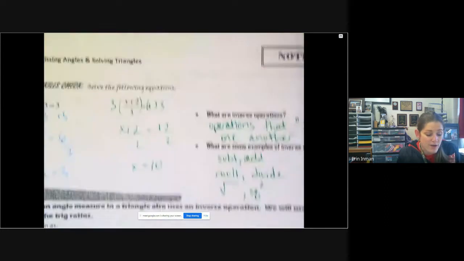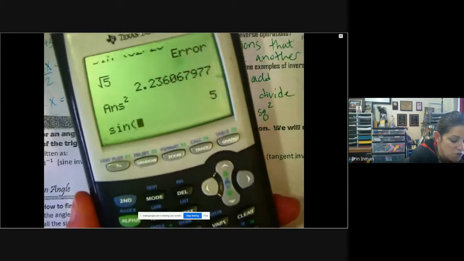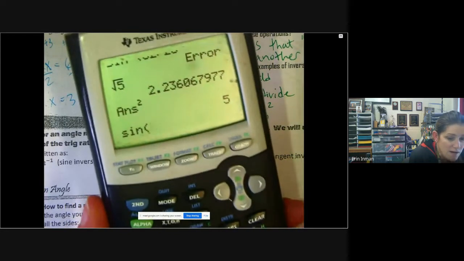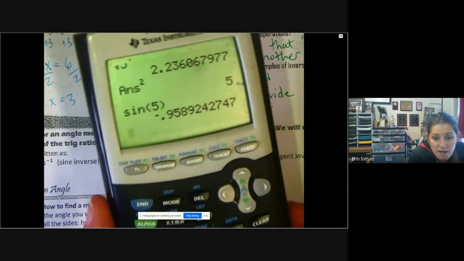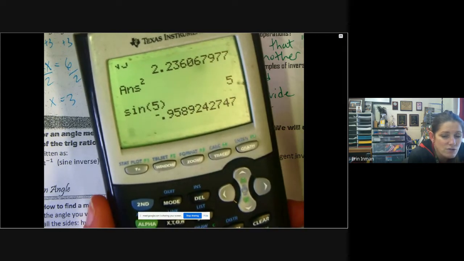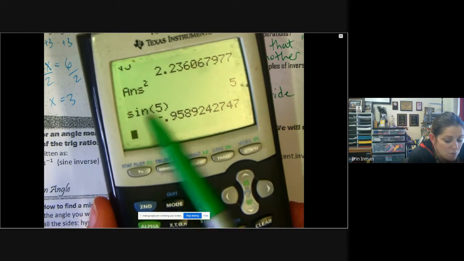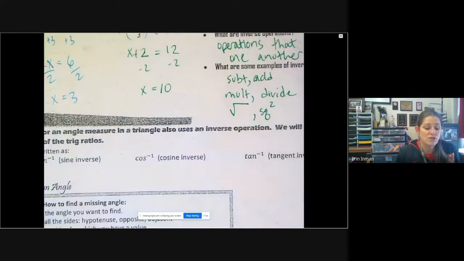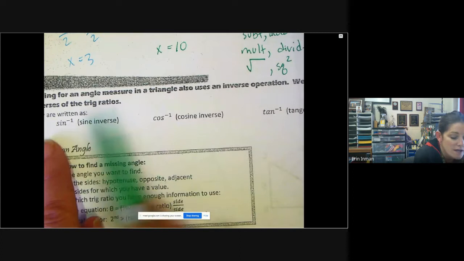When we look at our trig functions, if I have the sine of a number, it's not multiplication, it's sine of an angle. So let's say I do sine of 5 degrees. That is a decimal, and in this case, it's a negative decimal. So if I wanted to undo this, I need to use an inverse operation. I'm not dividing here. It's not multiplication. I'm trying to do the inverse operation of sine, which the way this is written is we have that little -1 as an exponent.